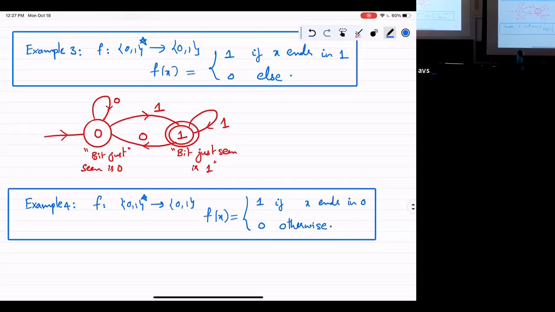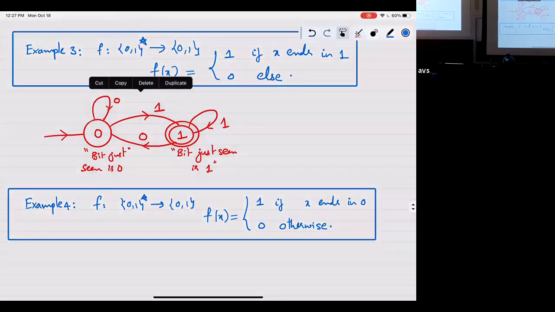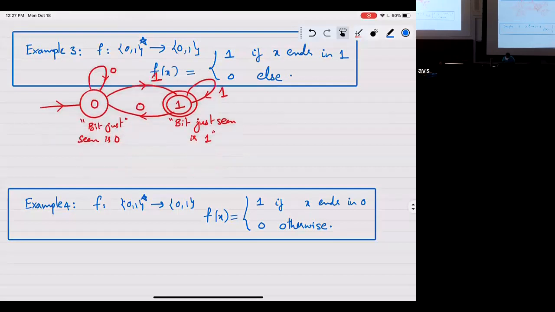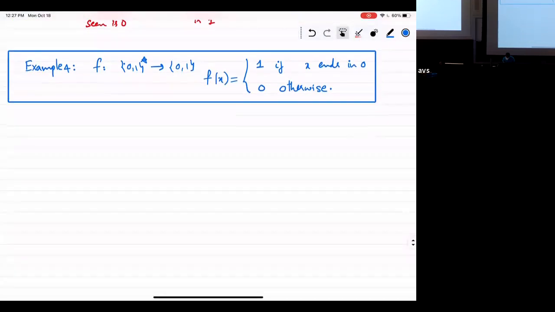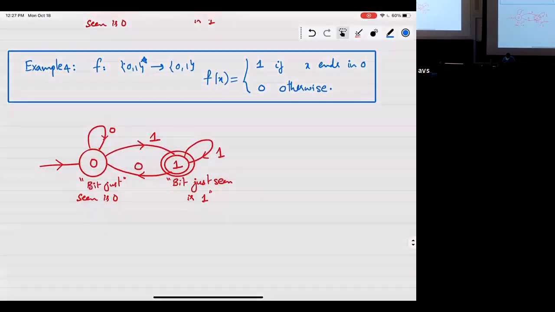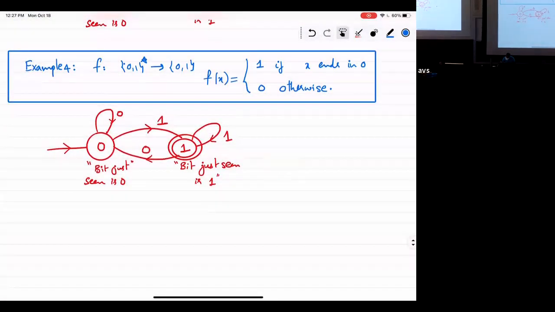And what's that little bit? What's the bit that I just saw? Okay. And based on that, I can compute it.